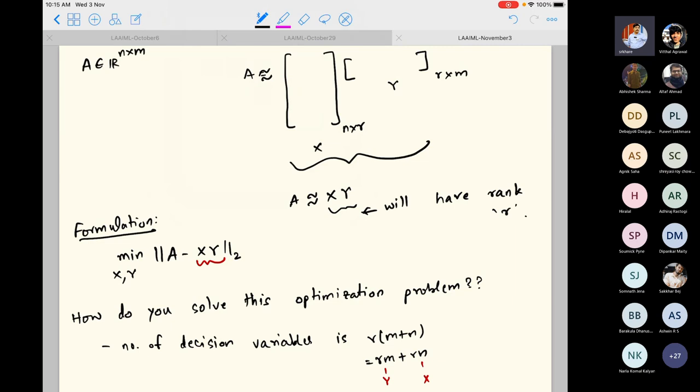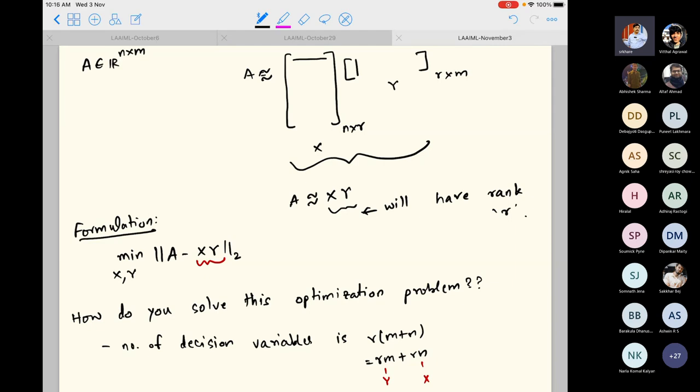Now when you have such a thing, you already have a product of these variables. When you take the product XY, you look at the first row of X and multiply it with Y, so these decision variables are multiplying with each other. And because of the 2 norm there is a quadratic cost function.